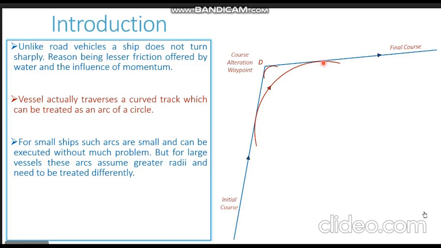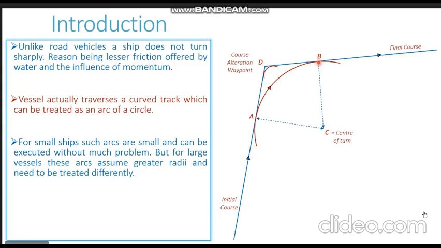We can also easily find the center of this turning circle or center of this arc. In the coming slides, we will be seeing how we identify the center of the turn, and how we mark this curved path on our chart. So let us, for the time being, show the center of the turn. You can see this is the initial point A. The vessel moves on the initial course up to point A. From point A, it starts to move on the curved path.